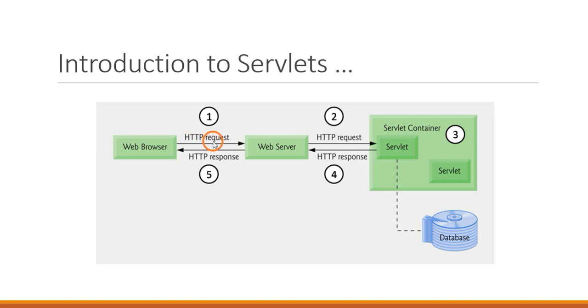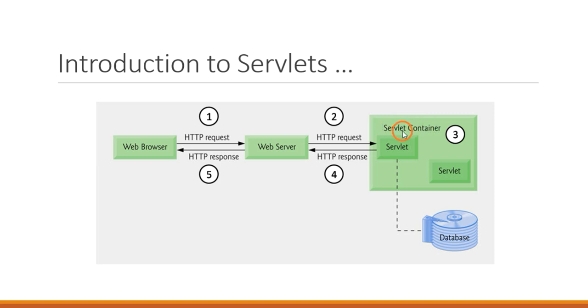Okay, you can think of this as typing www.google.com on your web browser. So that is the request. Now this request is received by a web server. Okay, now your request says that, for example, you need a servlet.